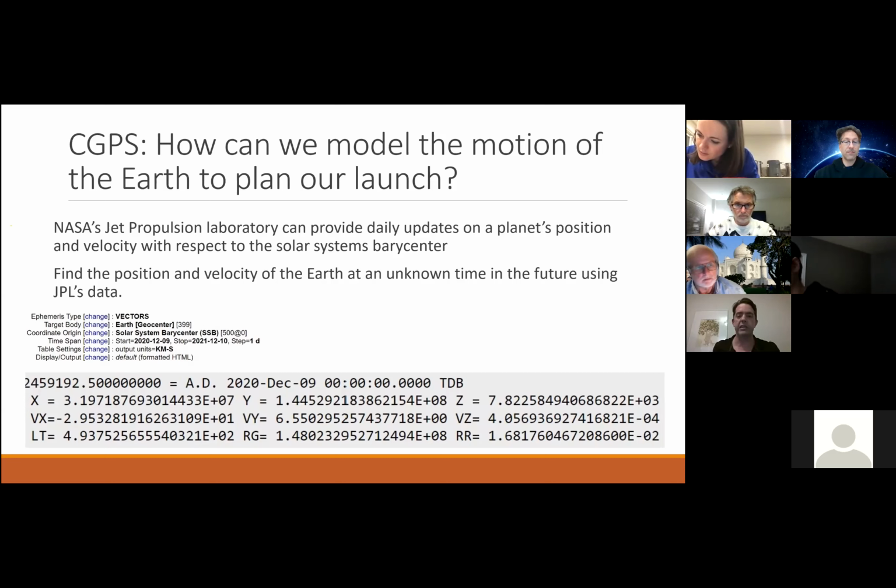I selected Cartesian coordinates, so X, Y, and Z. We are going to ignore the Z axis, as I normally do in class. Using the position in X, position in Y, velocity in X, and velocity in Y, I would like you to determine the position and velocity of the Earth at an unknown time in the future using only JPL's data.